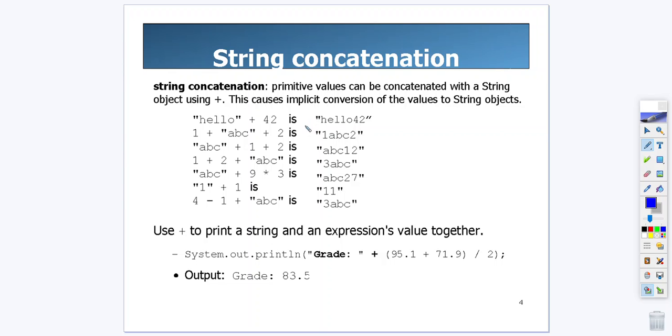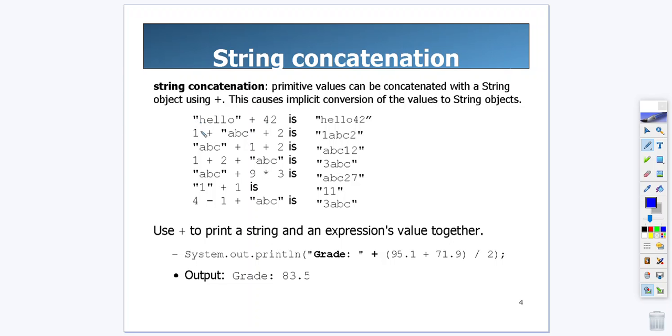The concatenation operator is at the same precedence level as addition, and so it still applies that we read it from left to right unless we are forced through parentheses to have a different operation happen first.